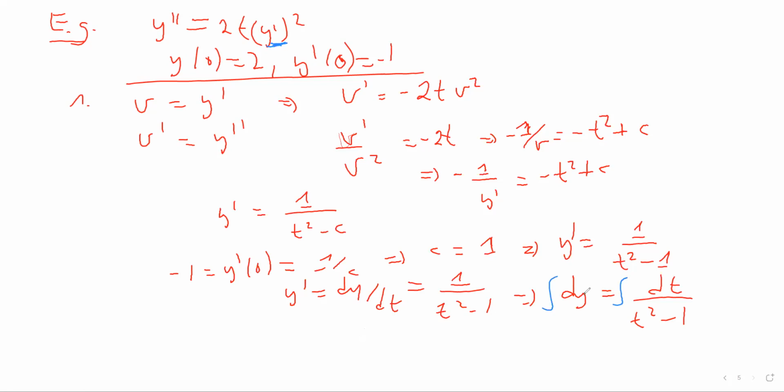And once you do that, you'll be able to resolve your equation successfully, and you'll be able to derive finally that y is equal to half into brackets ln of t minus 1 minus ln of t plus 1, plus 2.